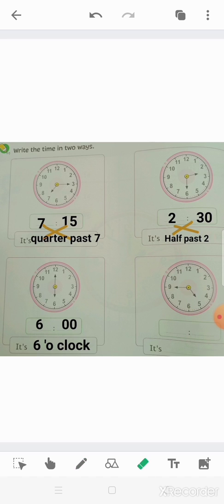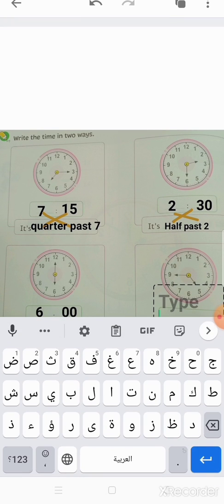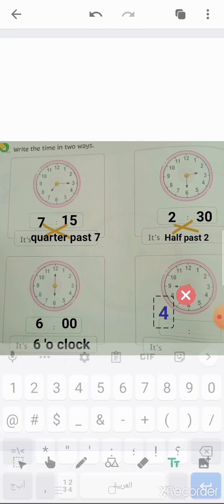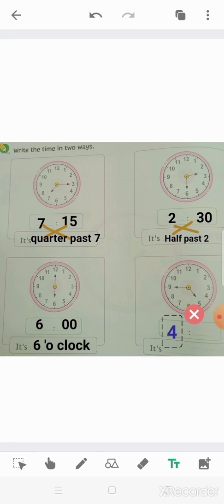Okay. So it's 4. Sorry. It's 4. Let's write here, 4. And 45. 9 by 5, 45.